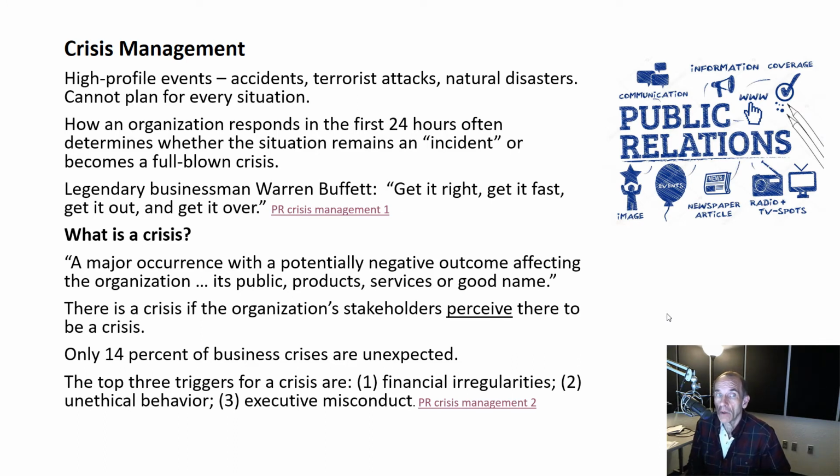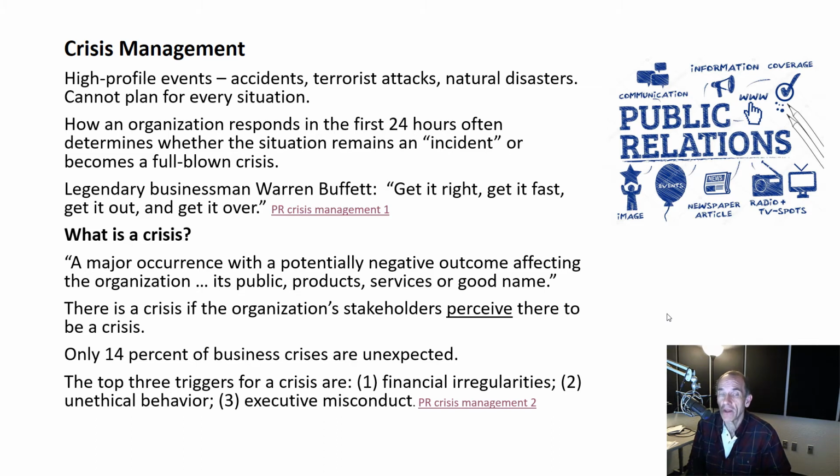So we're talking about something that has a negative outcome or may have a negative outcome, and that this is going to affect the organization in some way that we hope to minimize the severity of it.